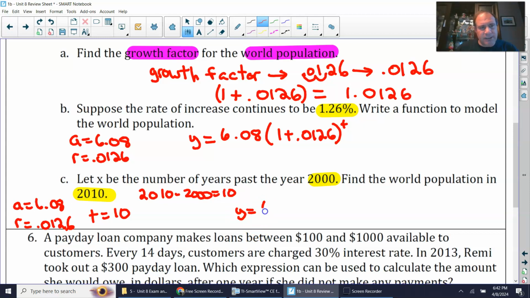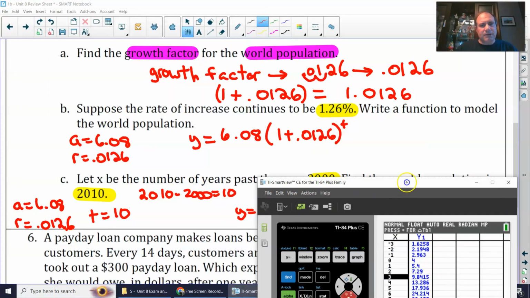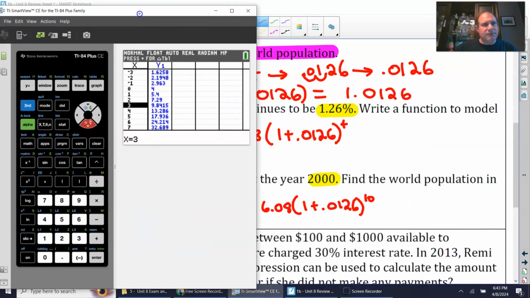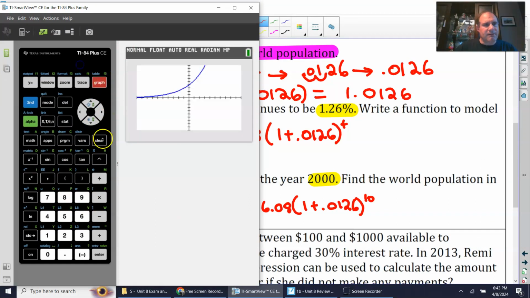Y equals 6.08 times 1 plus 0.0126 to the 10th power. And we're going to grab the calculator and put that directly in. I'm going to clear this out. Graph, clear. 6.08.